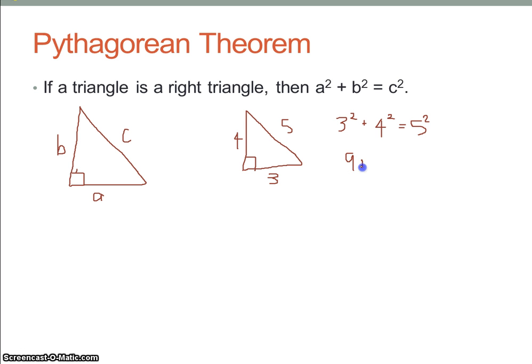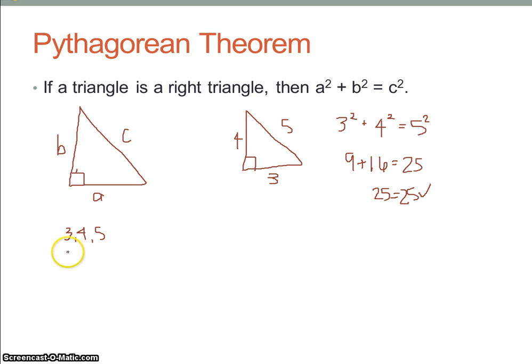So we have 9 plus 16 equals 25. 25 equals 25. And there we go. So we have these things called Pythagorean triples, which are just some very commonly used numbers for our sides, where they are nice whole non-zero whole numbers. So that one was 1. So we have 3, 4, 5.